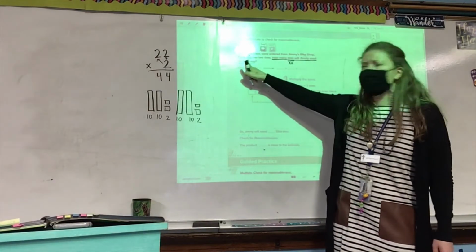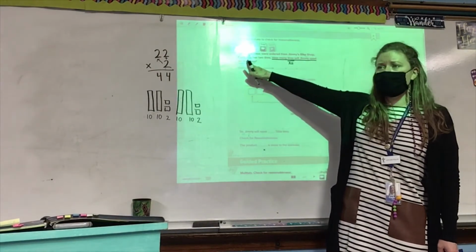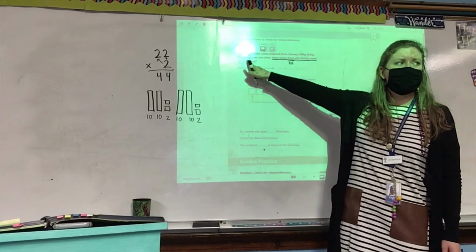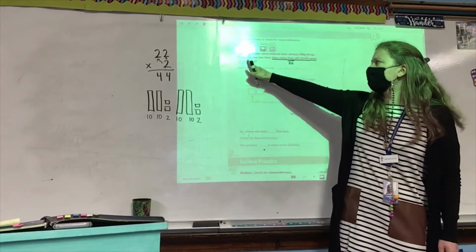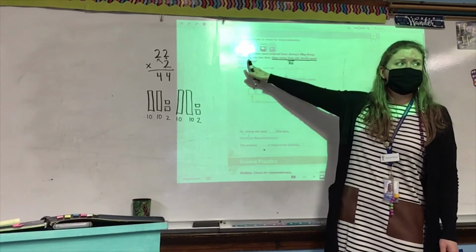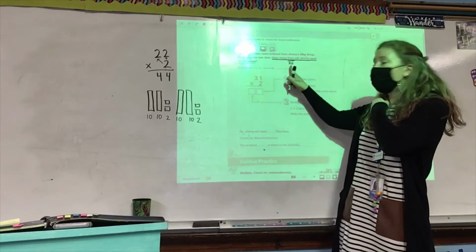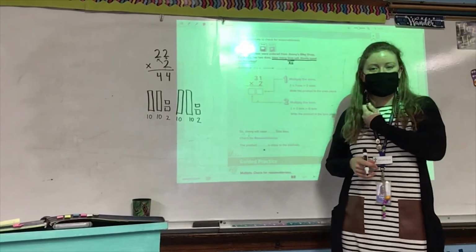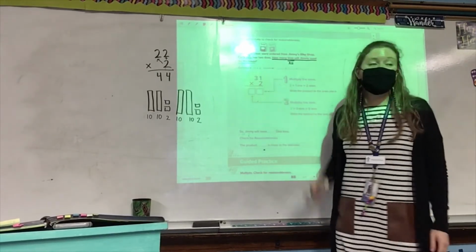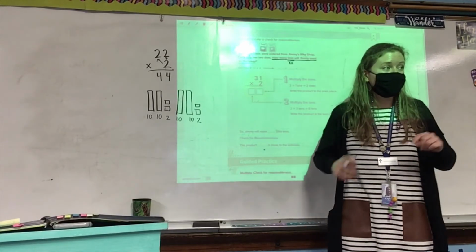Is our answer going to be this many bikes? No. The answer is always the answer unit, the word that comes after how many. The other unit just tells us, hey, this is our other number that we need.